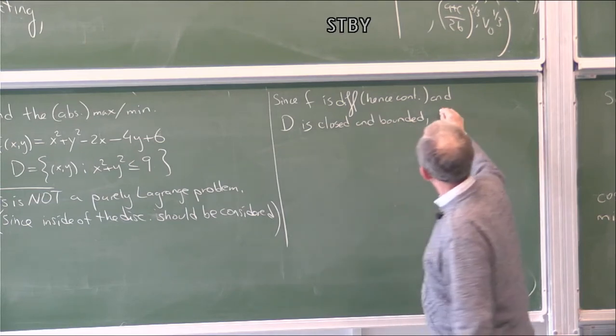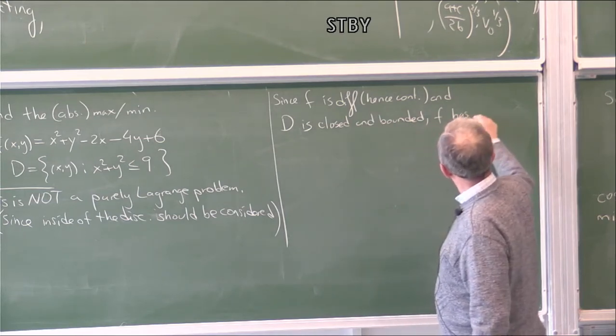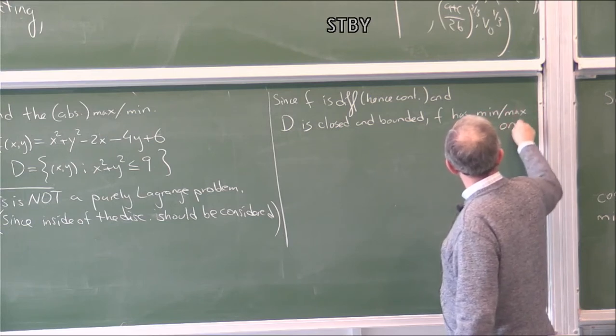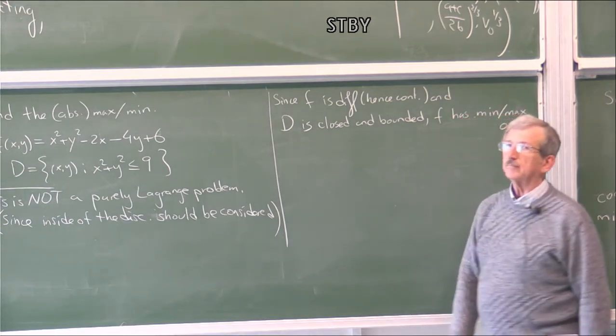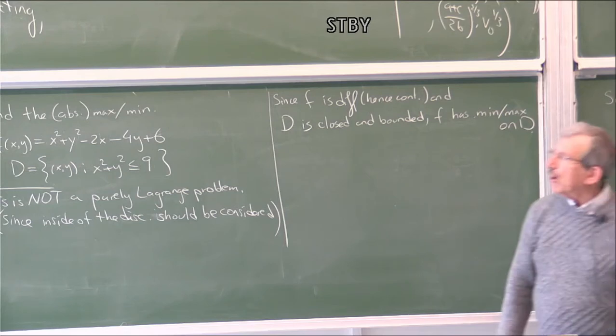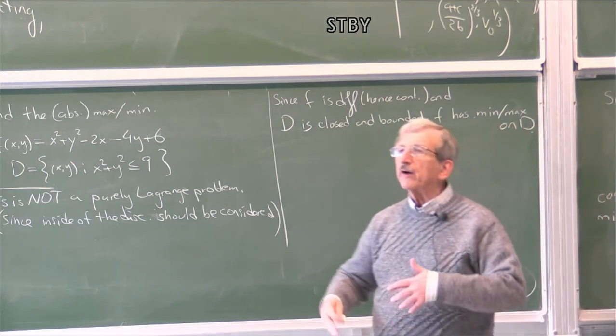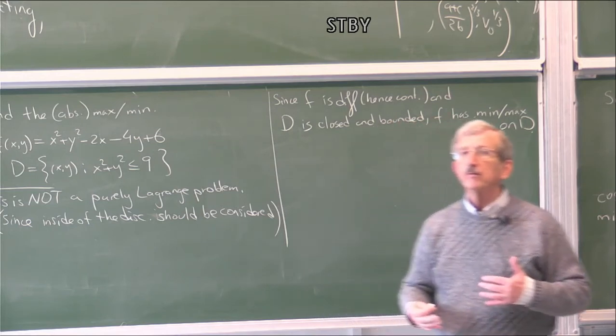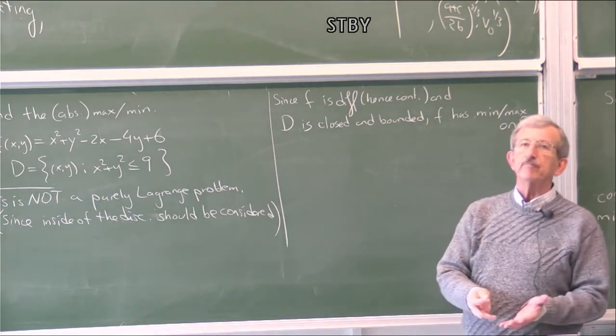Okay. F has minimum, maximum on D. So they exist. Okay. The next question is, where do they exist? They can exist at an interior point or on the boundary.